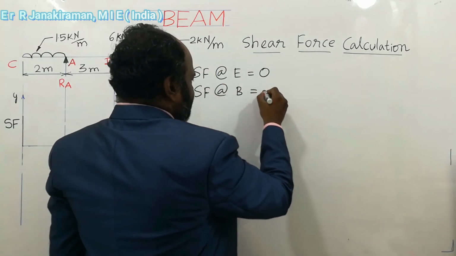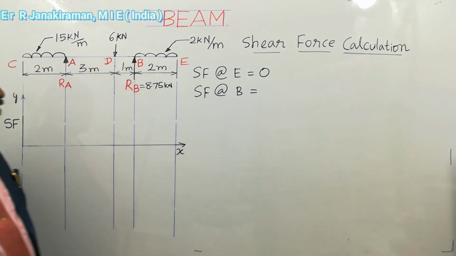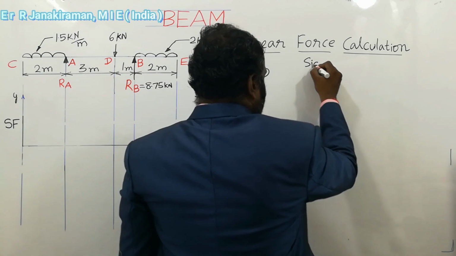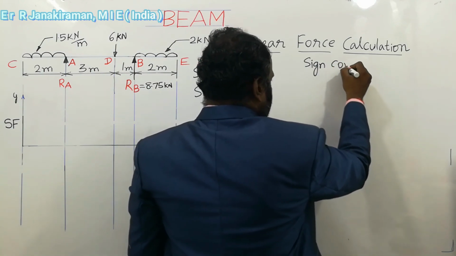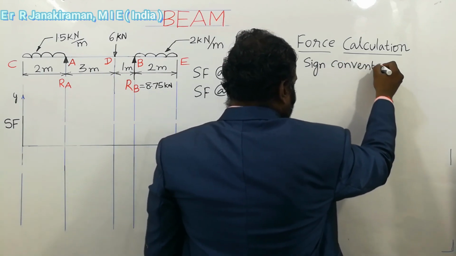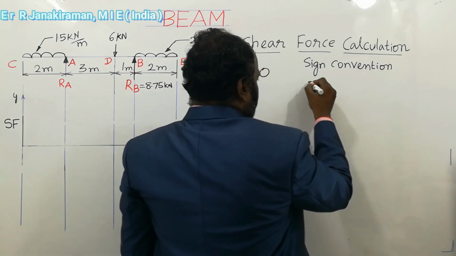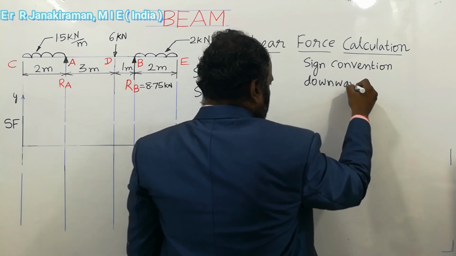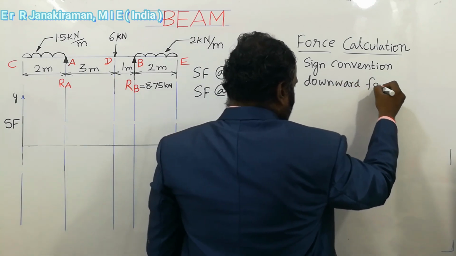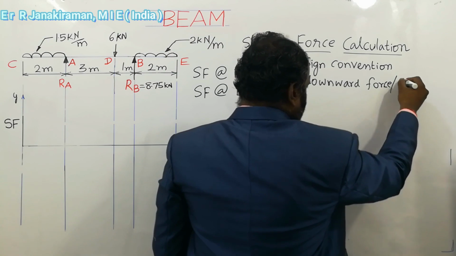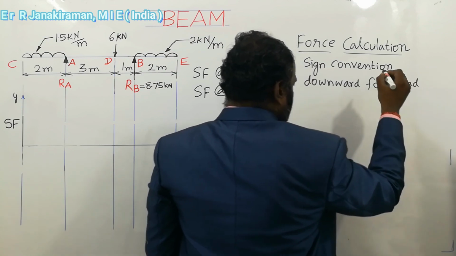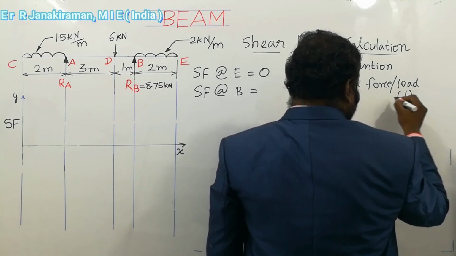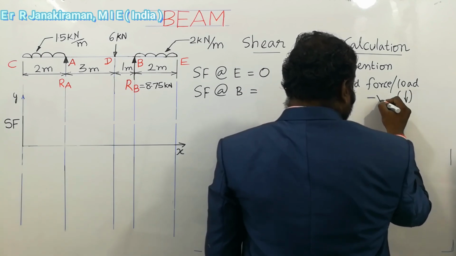So before that we are going to work out a sign convention for this, on your answer sheet. Sign convention. So downward force or load: this is a downward arrow mark, so minus sign. So we consider it negative.